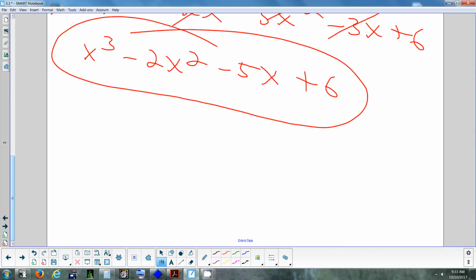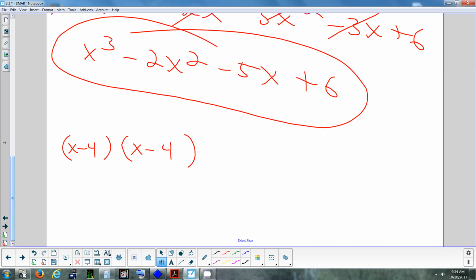Like when you break it up into parentheses. 2. And I'm telling you that the root is 4. What does that mean the first factor would be? x minus 4. And what does that mean the second factor would be? Yep. x minus 4. So what we just created there is a polynomial with a double root.